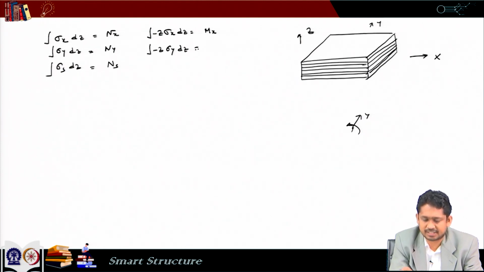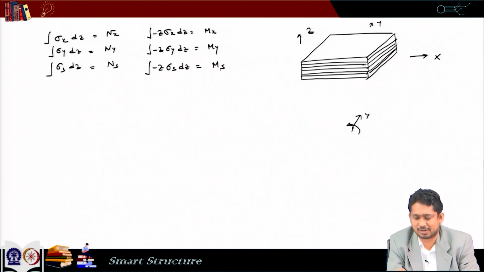Similarly, we get another quantity m y, and this acts with respect to x direction, but still because we are getting it by integrating sigma y, we are calling it m y. And we get a moment m s, which is a twisting moment in the x y plane.